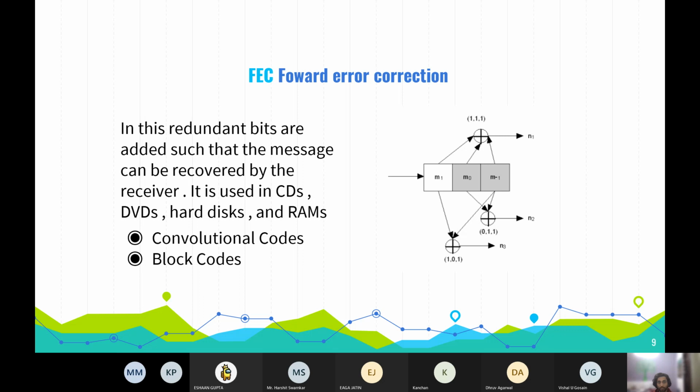These are used to get 3 bits, N0, N1, N2, using convolution, which is basically an XOR. We take the XOR of M1, M0, M-1 every time. This is used to correct any error, so we can correct the received bits from this. These are of two types: convolution codes and block codes.